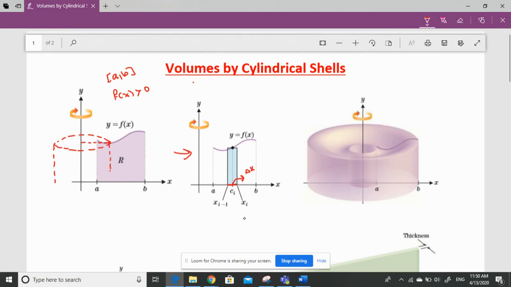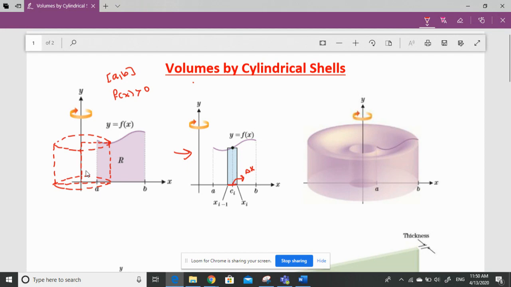If I ask you now, what is the shape you have? The answer is, I have a cylinder. This cylinder comes from revolving the rectangle, but this rectangle has thickness.